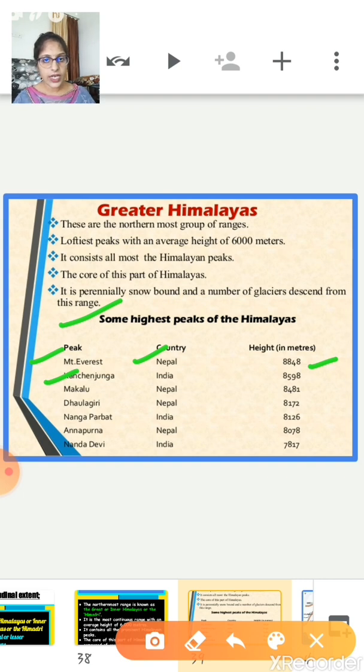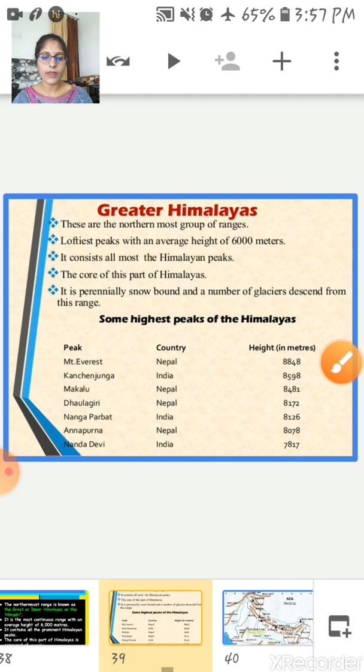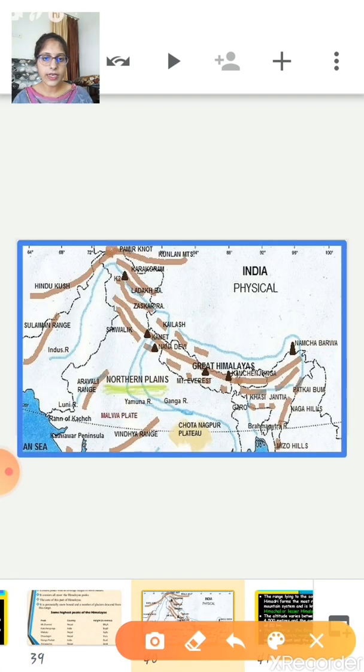Kanchenjunga is in India and the height is around 8,598. Then after that Makalu, Dhaulagiri, Nanga Parbat, Annapurna, and the last one is Nanda Devi. So these are some of the highest peaks of the Himalayas. Is it clear? So this is the first, northernmost range of the Himalaya, that means the Greater Himalaya.